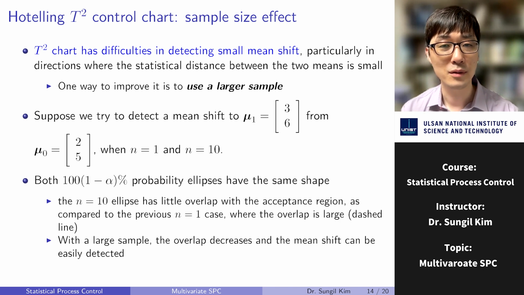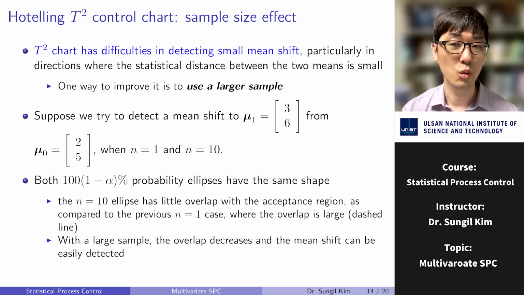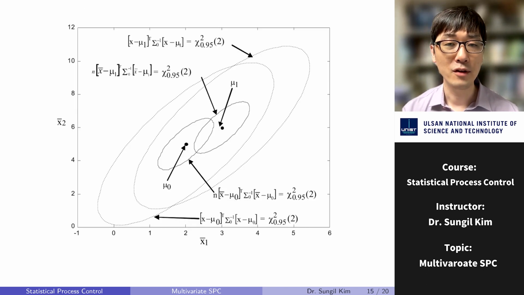Suppose we try to detect a mean shift to 3.6 from 2.5 when n equals 1 and n equals 10. As the figure shows, both probability ellipses have the same shape.